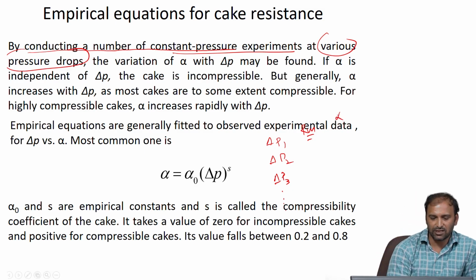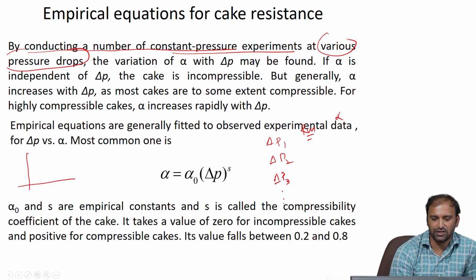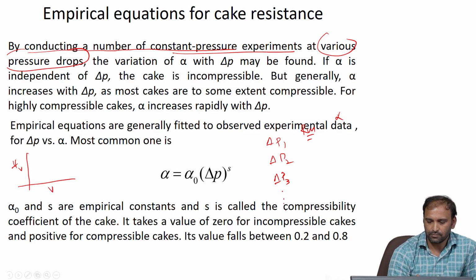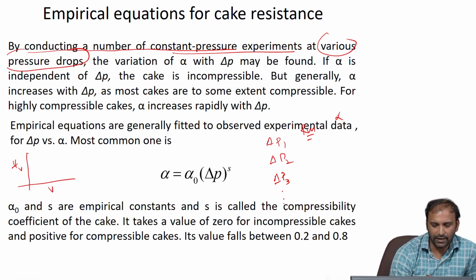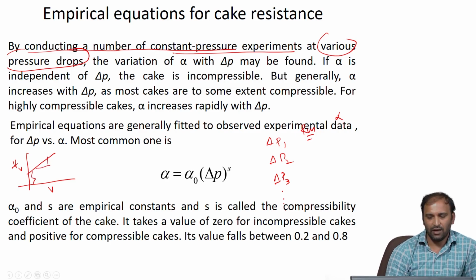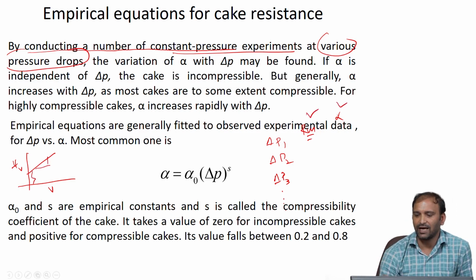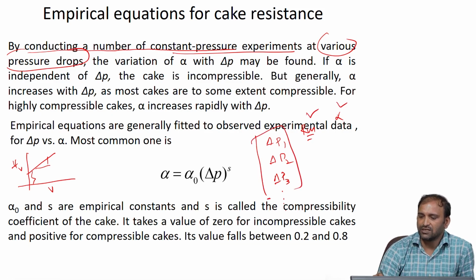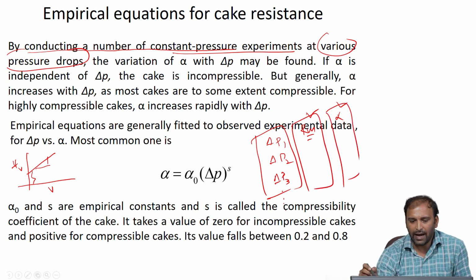That is, I do a constant pressure filtration, plot t by V versus V, and I get a straight line. I look at the slope and the intercept, and from the slope and the intercept I can calculate these things.